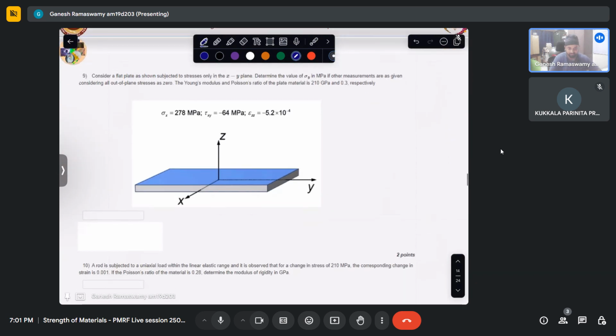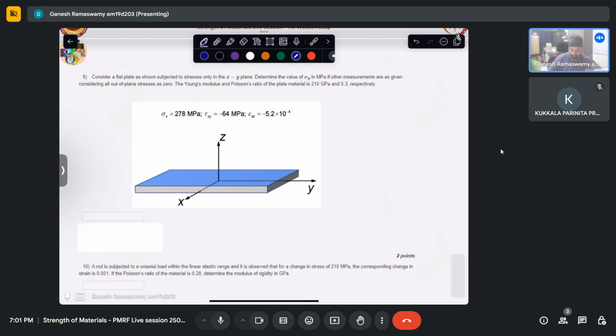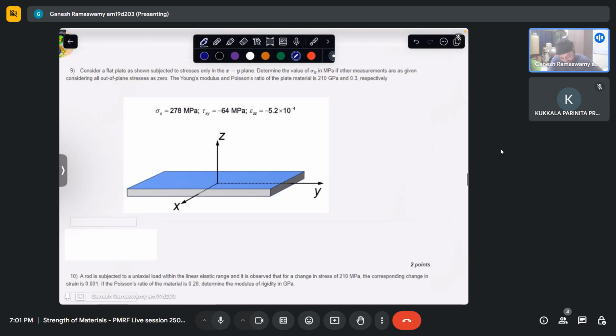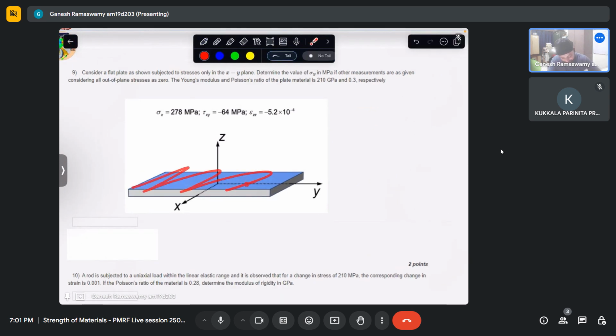Since we are lagging a bit, and I have to complete the questions spanning the entire course, I will move a little fast. Consider this flat plate, subjected to stresses only in the xy plane. We have x like this, y like this, and x cross y is coming out of the flat plate.